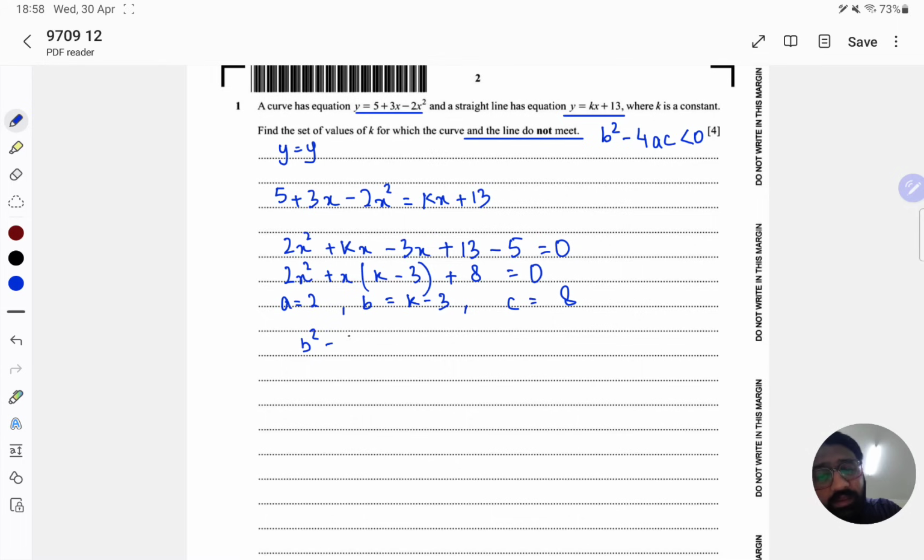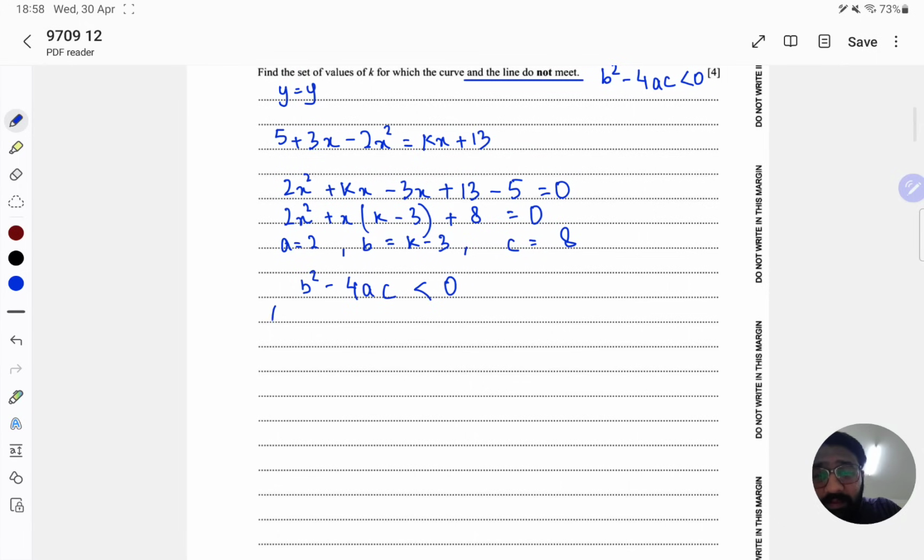Let's substitute in the discriminant formula and put it less than 0. So b will be k minus 3 whole square minus 4 times a times c, which is 8, less than 0. If I expand, it is k square minus 6k plus 9 minus 32.